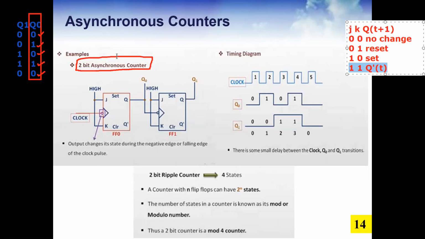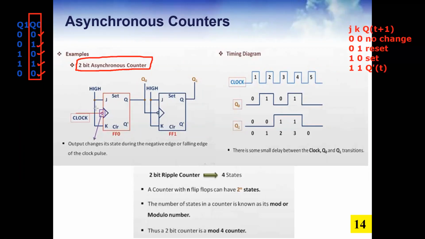See now the design, girls. In this design, you can see we have two flip-flops. Flip-flop 0, flip-flop 1. Flip-flop 0 is giving me the LSB, least significant bit, Q0. Flip-flop 1 is giving me Q1, yani most significant bit. Here we are giving the clock to the least significant flip-flop, FF0.